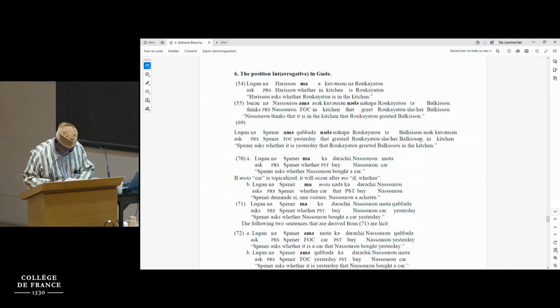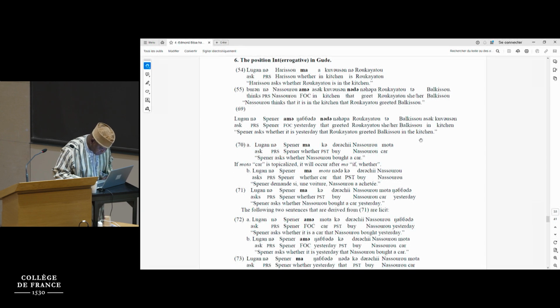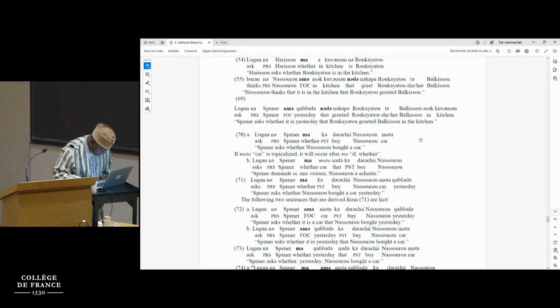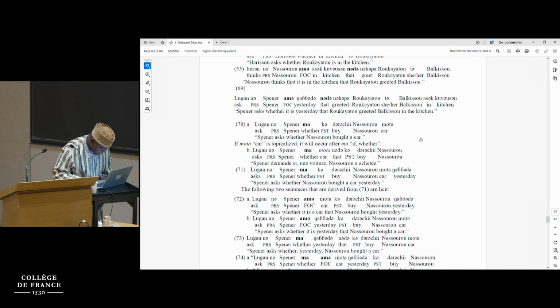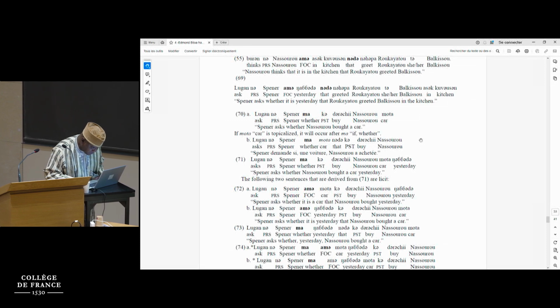Now let's talk about topicalization. When a constituent is topicalized, it can occur after the indirect question marker, ma. Okay? So let's go to 72. In 72, it's a focalized constituent.